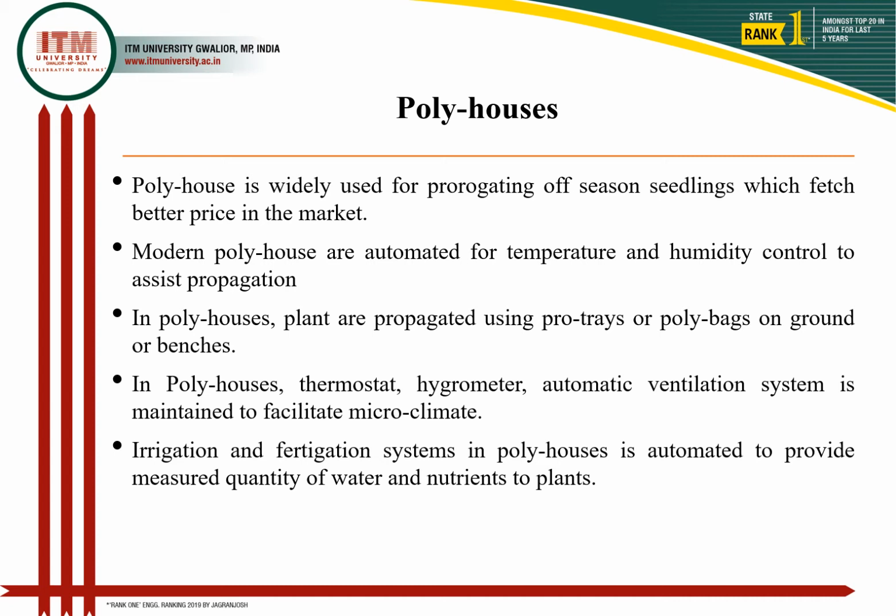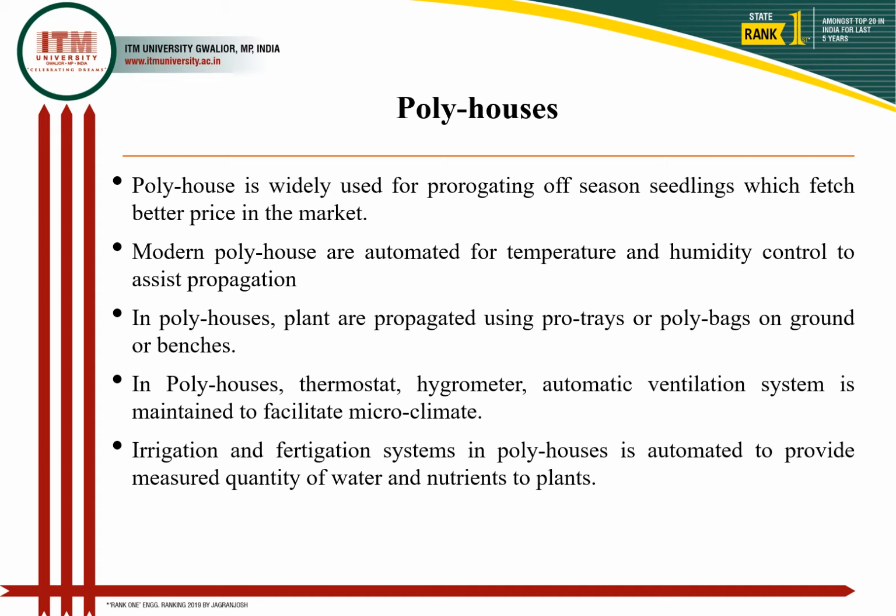In polyhouses we generally propagate the plants, planting materials or seeds in pro trays, poly bags, and benches. So pro trays on the benches. They are relatively thermostatic, and a hygrometer is present here, and automatic ventilation systems are there. These are capable of maintaining the microclimates which are suitable for better growth and development of seedlings or planting materials.